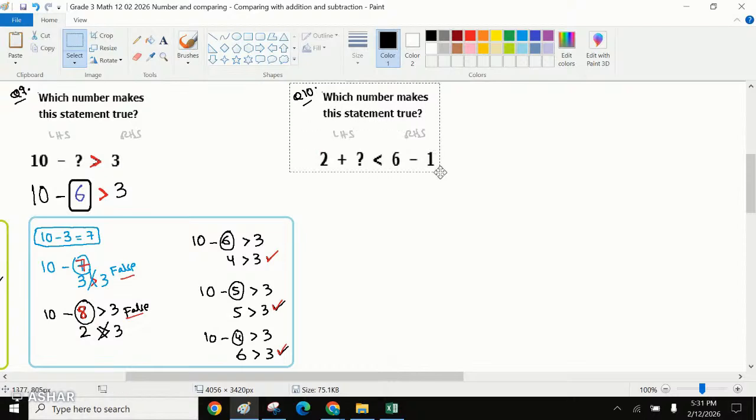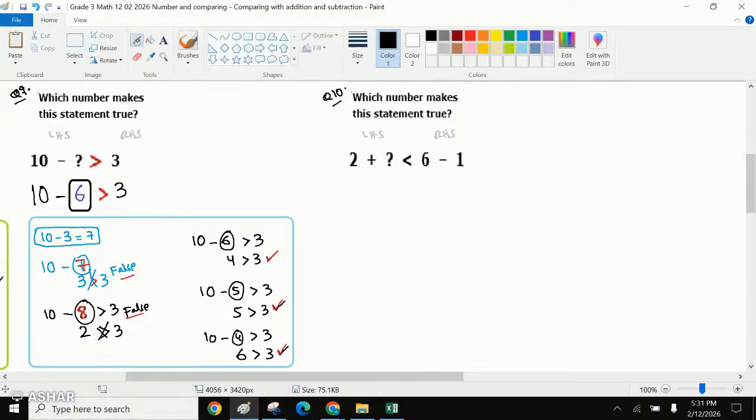So the question says 2 plus a number should be less than 6 minus 1. So we can rewrite this as 2 plus a missing number should be less than, what is 6 minus 1? That is 5.